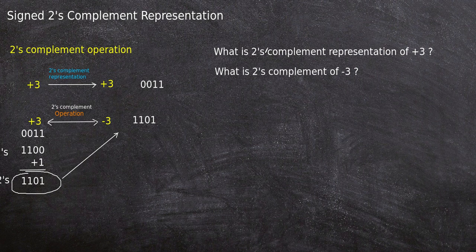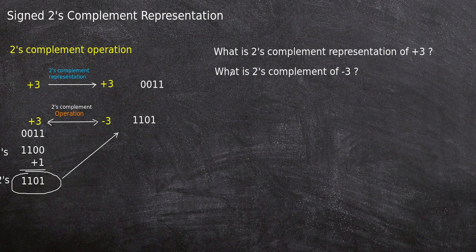Now let us revise it once more. Let us see these two questions. What is the 2's complement representation of +3, and what is the 2's complement of -3? Both of these questions are the same. That is, the answer is going to be the 2's complement representation of +3.